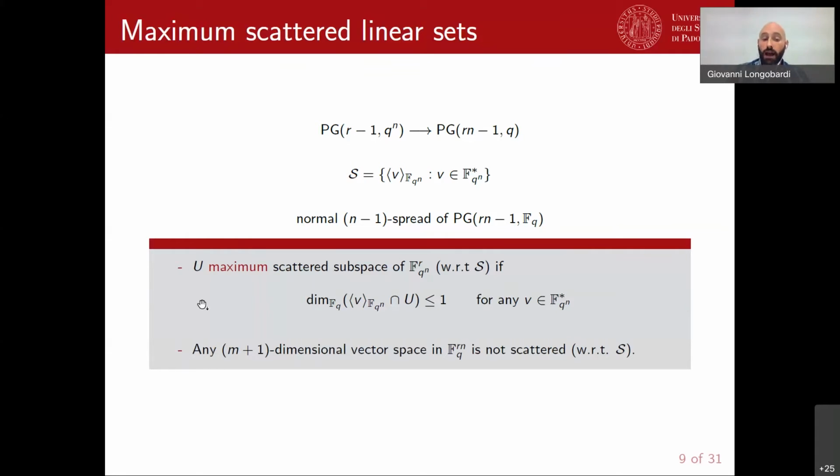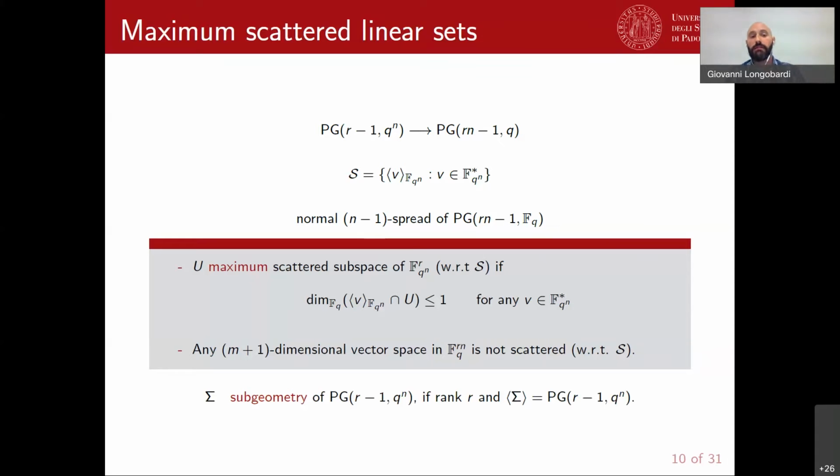U is a maximum scattered subspace if it is scattered and any (m+1)-dimensional vector subspace here is not scattered with respect to this normal spread. When we have a maximum scattered subspace, the linear set associated with it is a maximum scattered linear set of PG(r-1, q^n).